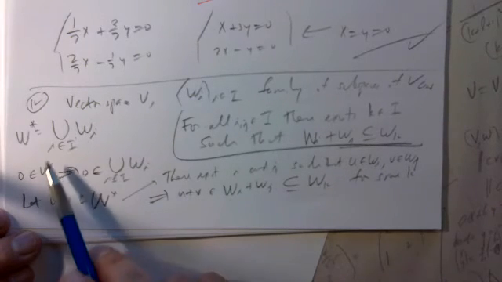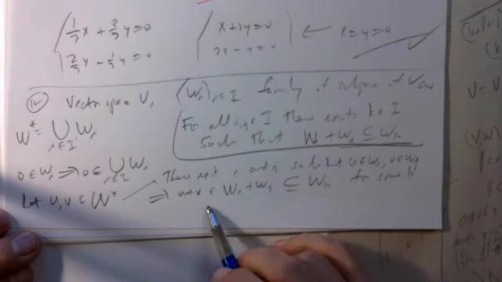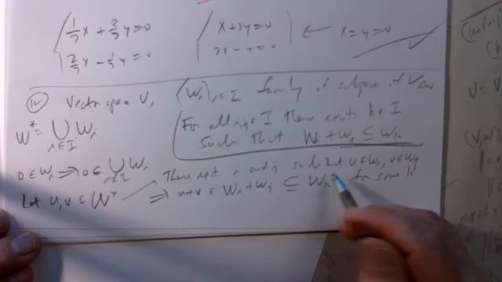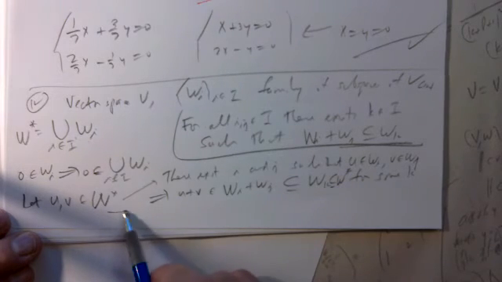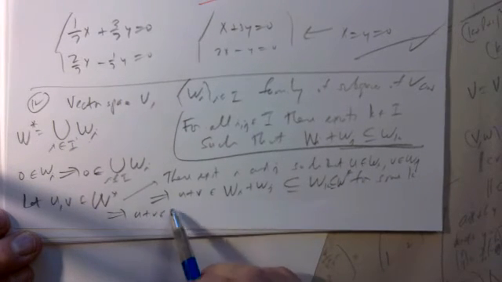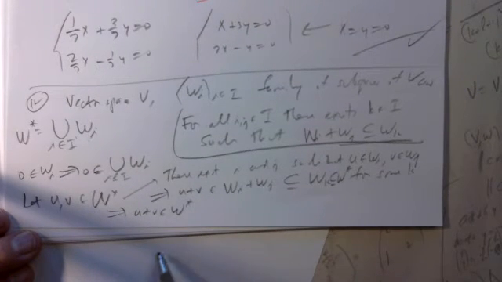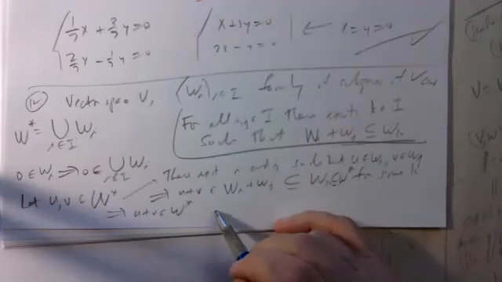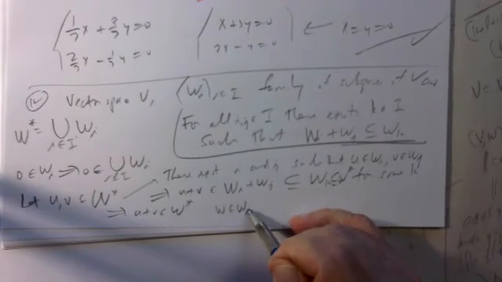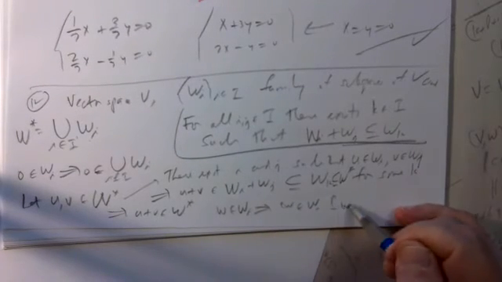So if I take any two elements in W star, the sum is contained in one of these subspaces Wk, which is contained in W star. That is, u plus v is in W star. So this set is closed under vector addition. Closure under scalar multiplication is simple, because if w is in Wi, then c times w is in Wi, which is contained in W star.